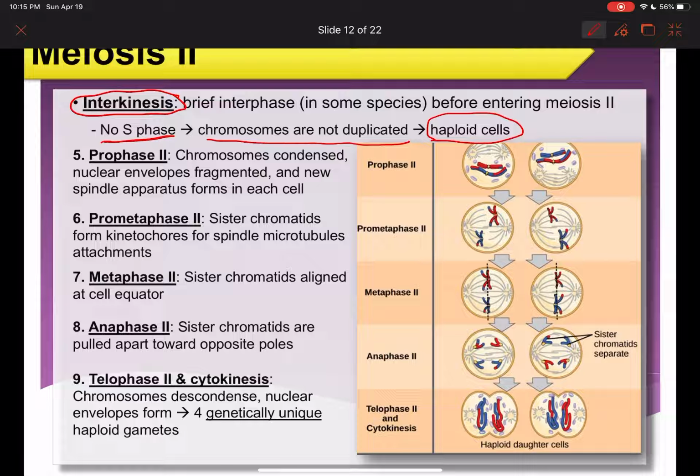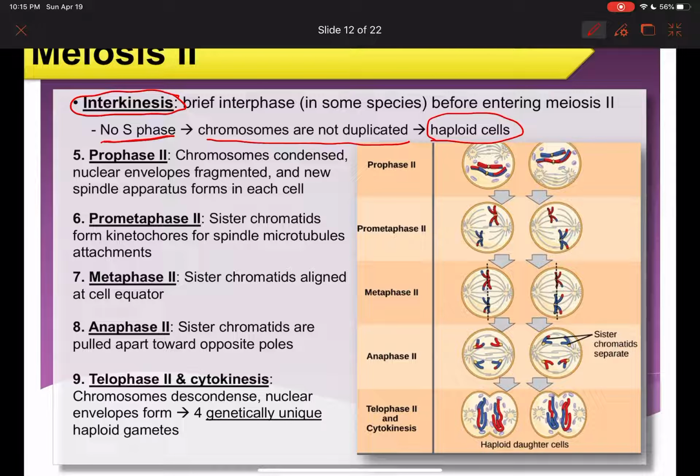If a question asks when in meiosis is exactly the same as mitosis, then that will be meiosis 2. During meiosis 2, all phases are exactly the same events that happen during mitosis. No further mixing of genes is necessary at this point because we already mixed it in meiosis 1.